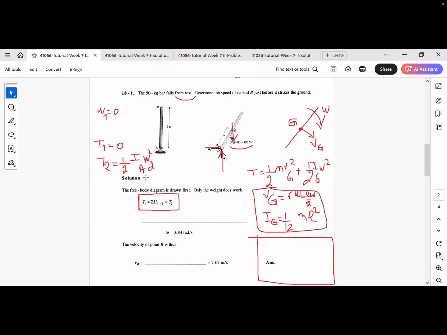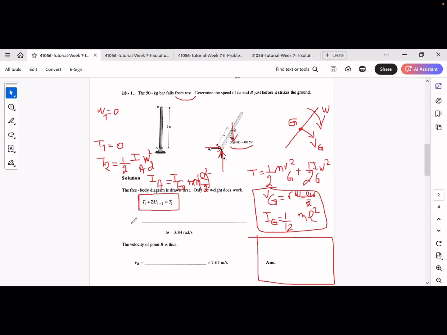Now IA is IG plus m times L over 2 squared, bearing in mind IG is 1 over 12 m L squared.